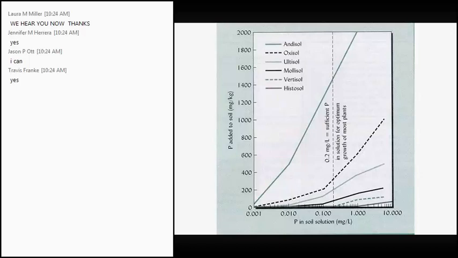So the andisols have a lot of amorphous material in them, and so they have the ability to fix tremendous amounts of phosphorus before we'll actually start seeing very much phosphorus in soil solution. The oxisols are next, the ultisols are next, and then the mollisols. And the mollisols are more because of the organic matter that's tied up with the soil. So that kind of gives you an idea of what those happen to be. And again, if you're in those areas, you know exactly what I'm talking about.